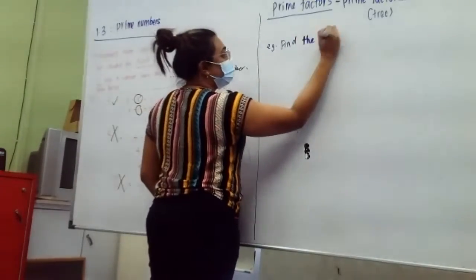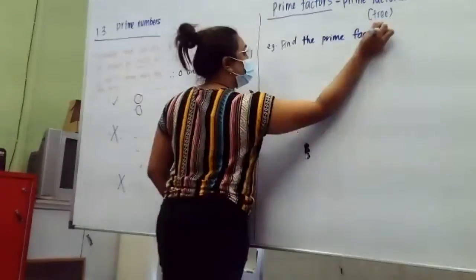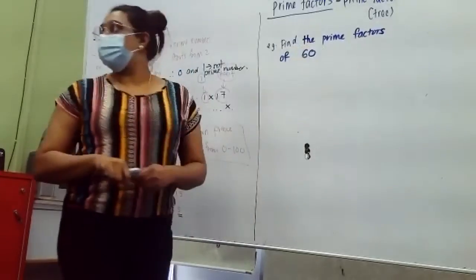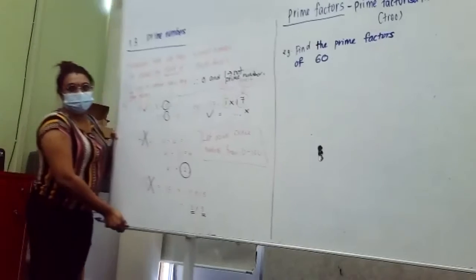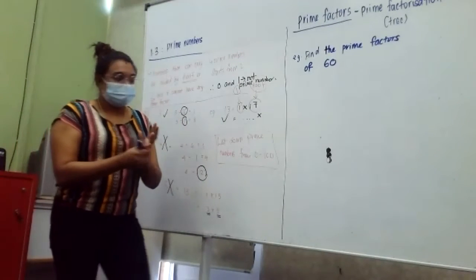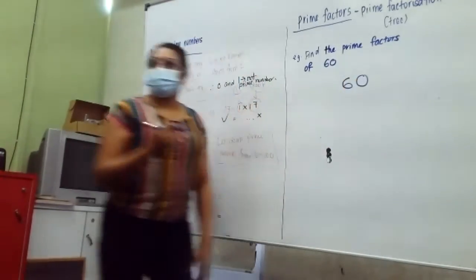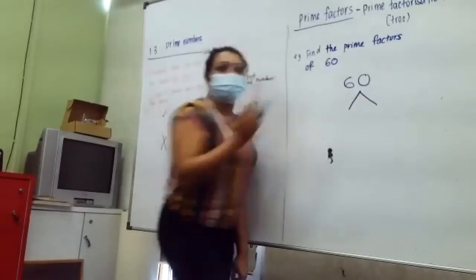Now example, they say find the prime factors of 60. So you put your 60 here. Then you open up like this, like a 3.